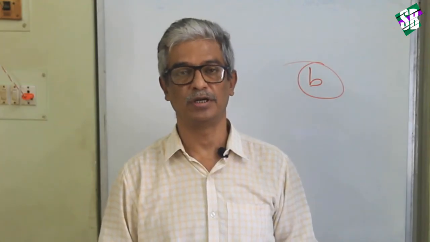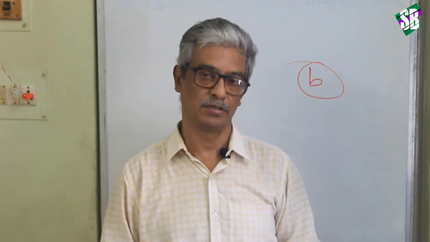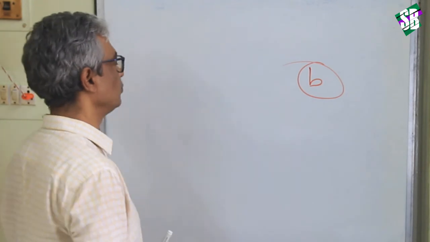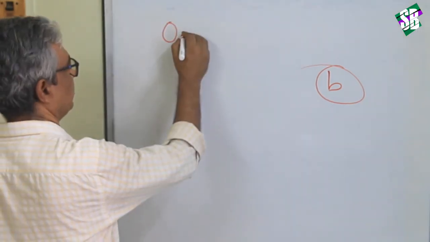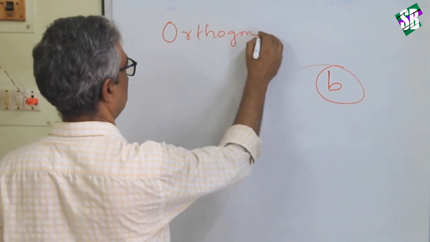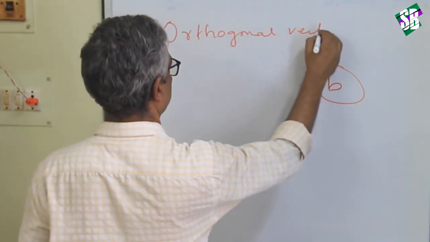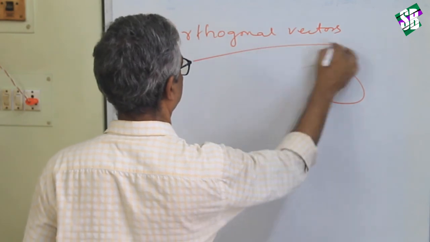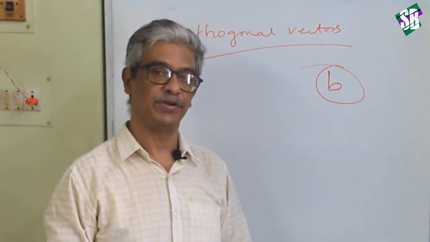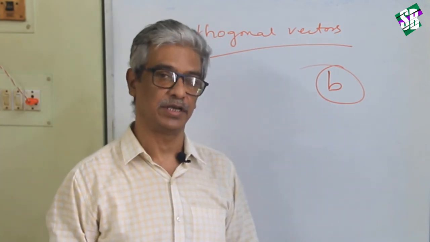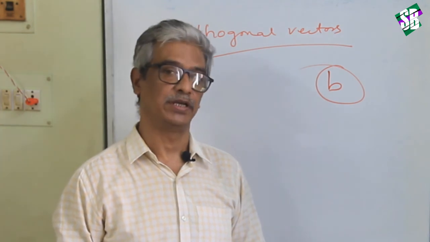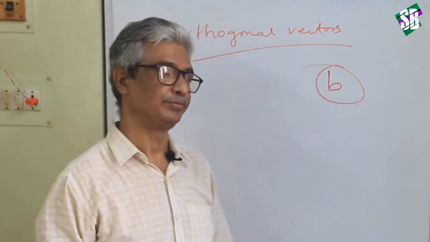Before proceeding to the next question, let me first introduce to you something which is called orthogonal vectors. Two vectors, A vector and B vector, are said to be orthogonal if their dot product is 0.